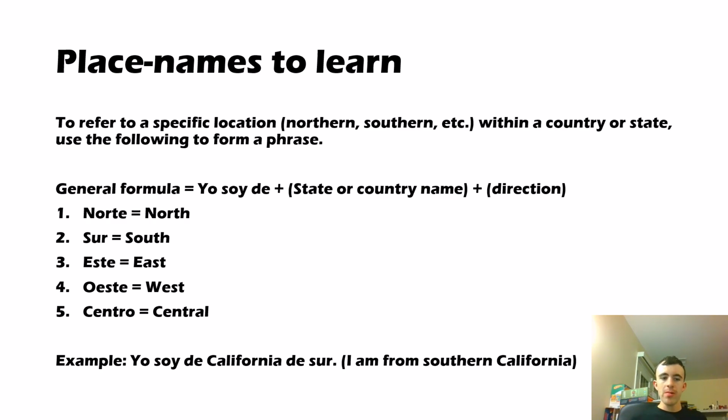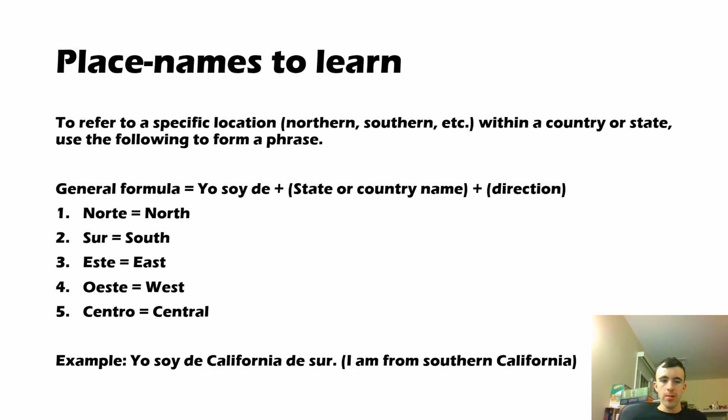And some people might want to get a little more specific and name a specific location within their home country or state. For example, Southern Illinois or Eastern Ohio. So to do this, you would say soy de or yo soy de, like you would about a general country, and then insert the country name, and then insert the direction.